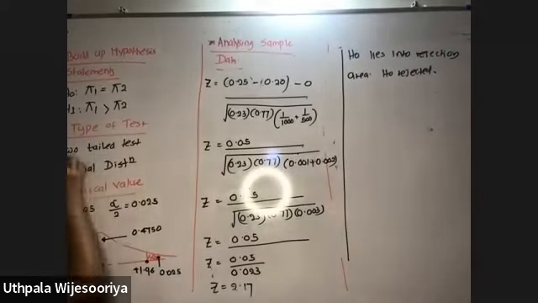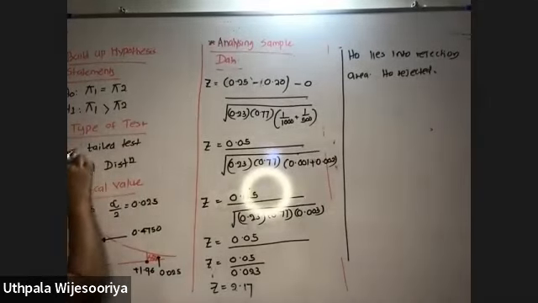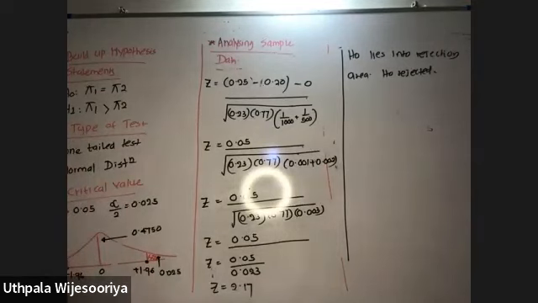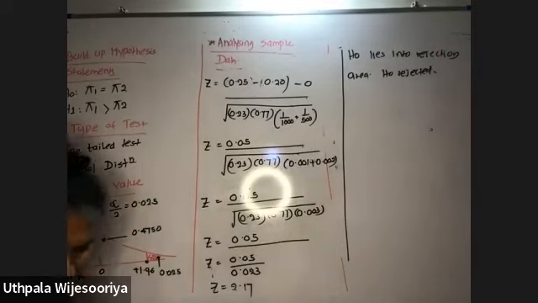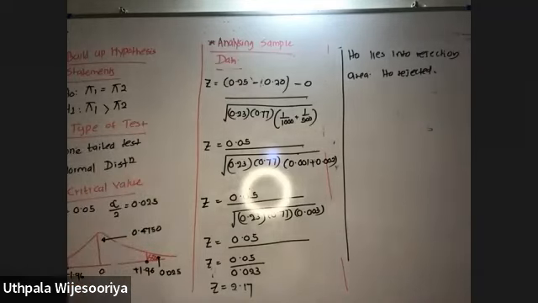Type of test: one tail test, normal distribution, critical value, 5% significance level, alpha is equal to 0.05.